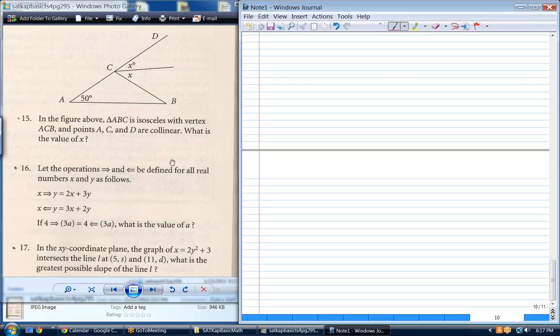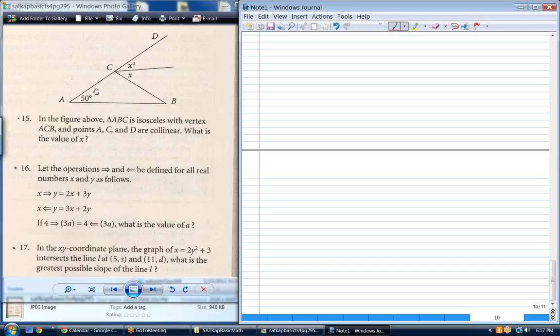Right. So if the angle is 50 degrees. Wait. So we know the total angle of DCB is 100 degrees. Right? Because it says AC. Yeah, how'd you know that though? So 50 times 2.